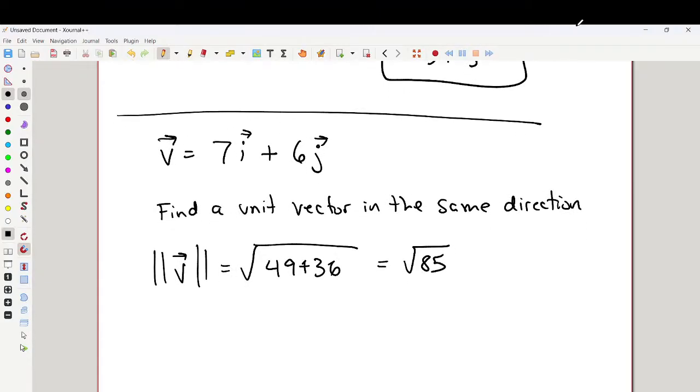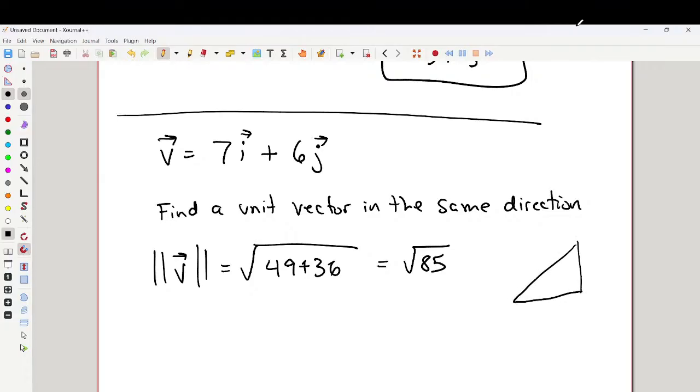And now I'm going to scale the horizontal component by 1 over square root of 85. Does that make sense? Because right now the hypotenuse is square root of 85. How would I make it become 1? Multiply it by 1 over square root of 85.